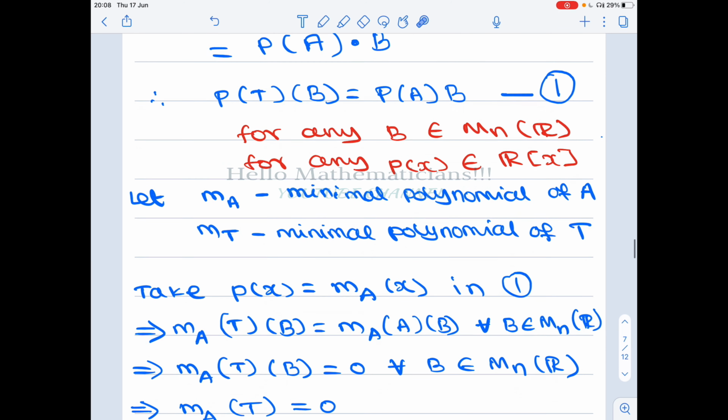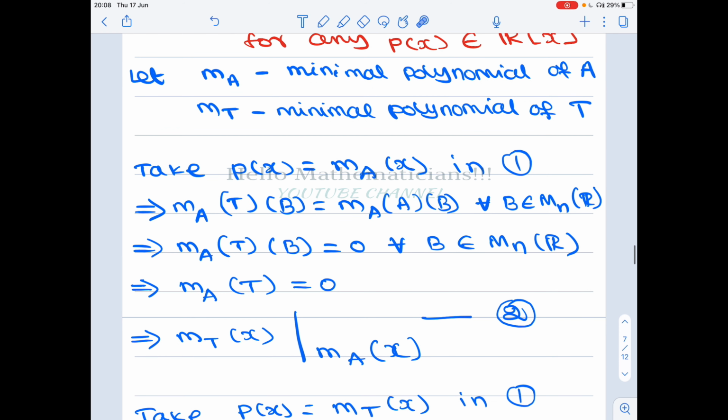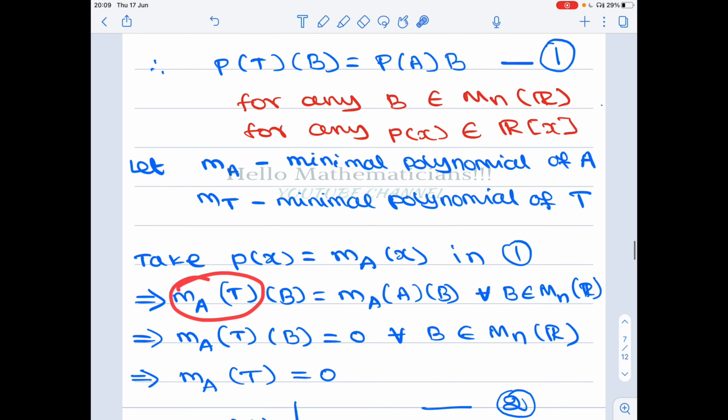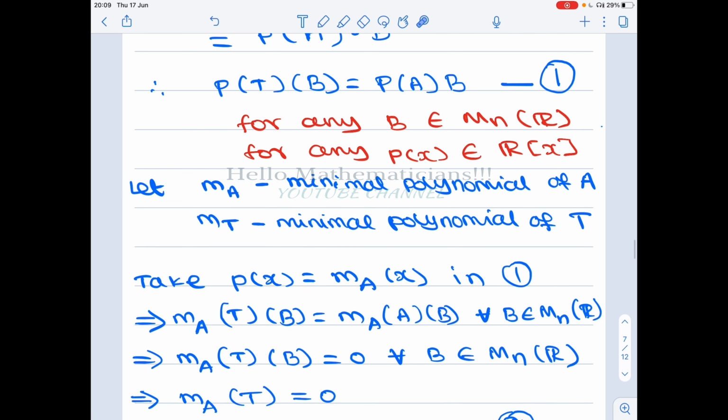Therefore, we take P(x) equal to the minimal polynomial of A, M_A. So for P, we are substituting M_A. So we get M_A(T)(B) equal to M_A(x)(B).